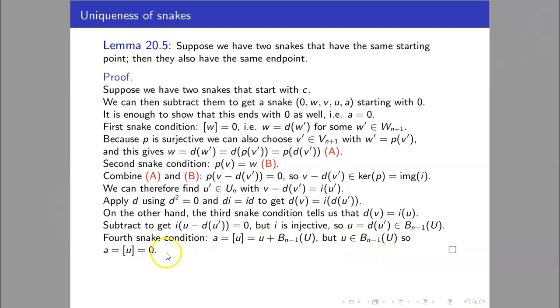That means a is equal to [u], which is just equal to 0. That's what we were supposed to prove: that this subtracted snake, which started with 0, does indeed end with 0. So we've proved that we've got two snakes that have the same starting point, and they also have the same end point.